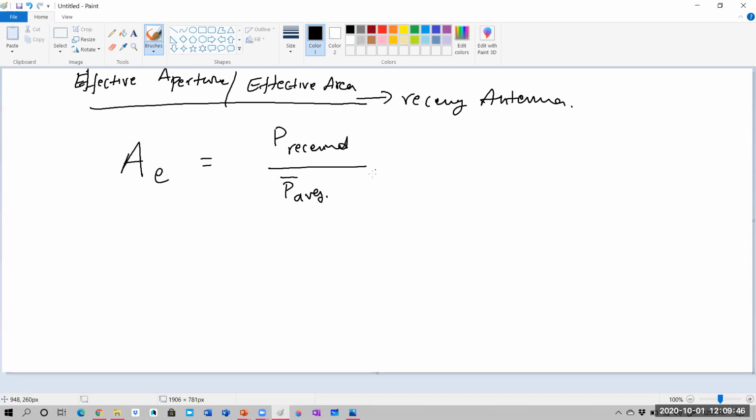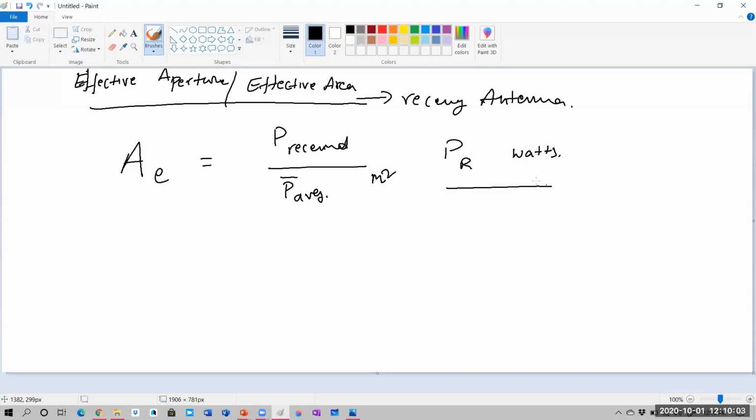So the unit is meter square. Power received by an antenna may be denoted by P suffix R. It is measured in watts.